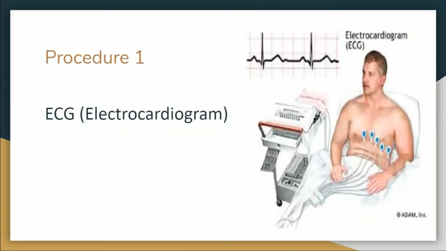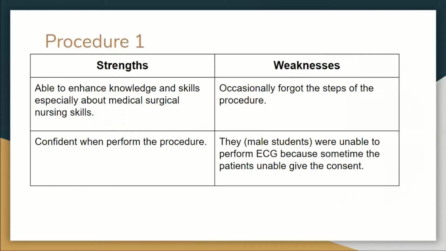Now I will explain the ECG procedure in terms of strengths and weaknesses. The strengths: we are able to enhance knowledge and skill, especially medical, surgical, and nursing skill, and we are confident when performing the procedure.